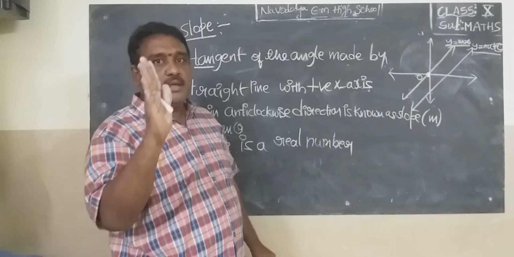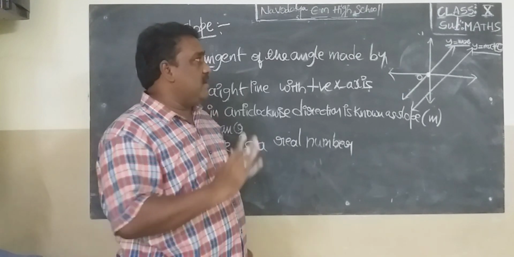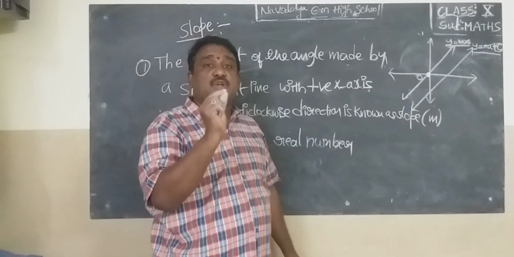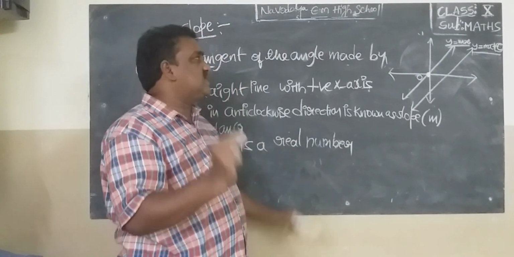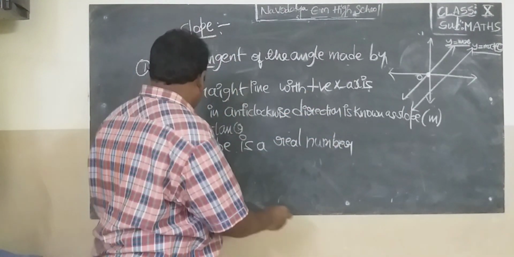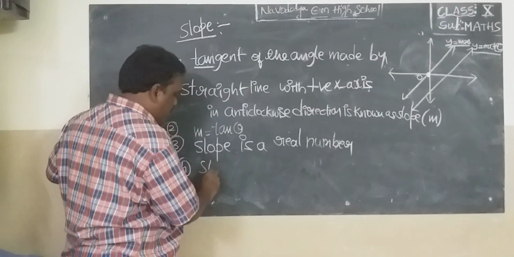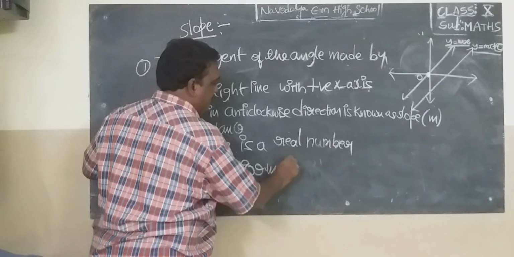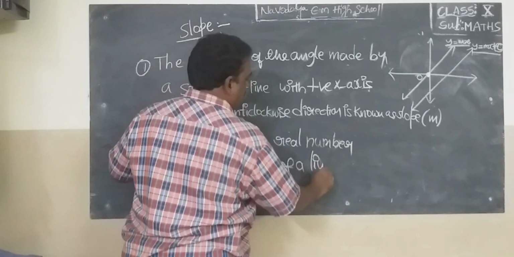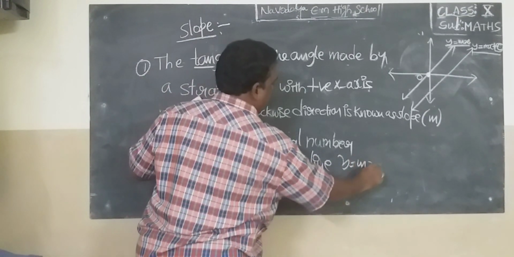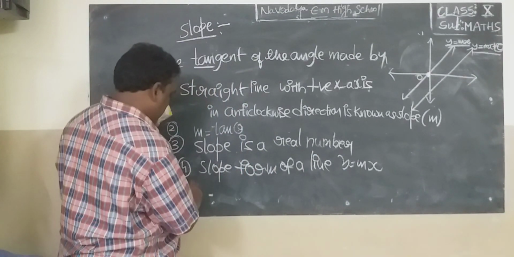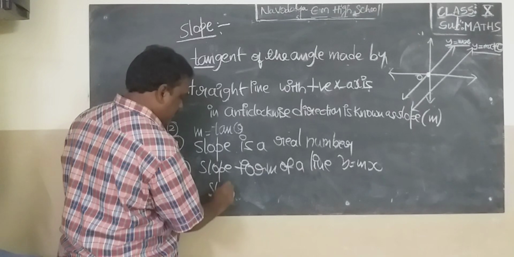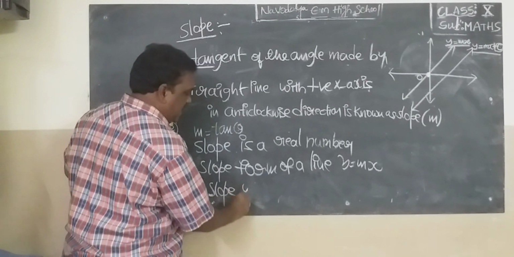So remember the different forms of straight line. Number 1, y equal to mx, where m is known as slope. It is known as the slope form of a line. Next, slope, comma, y-intercept.